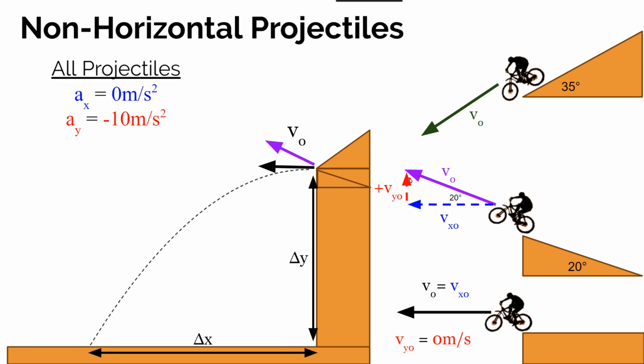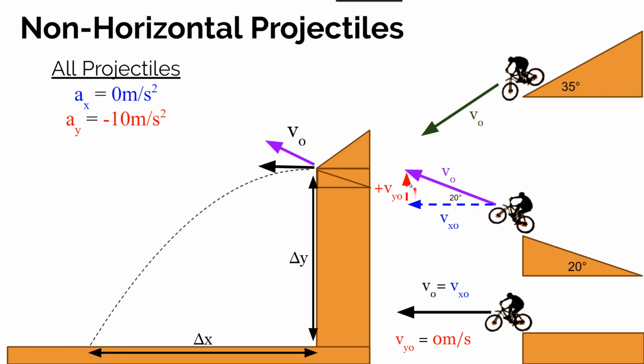So what effect does that have on how much time it spends in the air? Well, if we go back to our horizontally launched velocity, remember that vertically it behaves just like a dropped object because its initial velocity was 0 in the y direction, and then it's going to accelerate at -10 meters per second per second. Well, what's true of the vertical part of the biker's motion that has an upward angle launch?